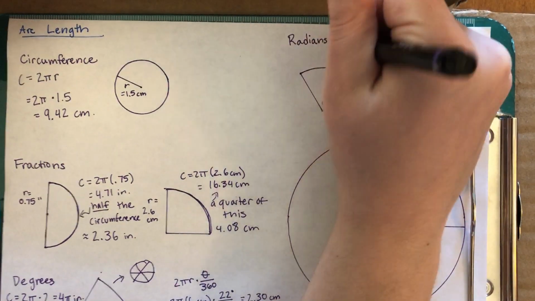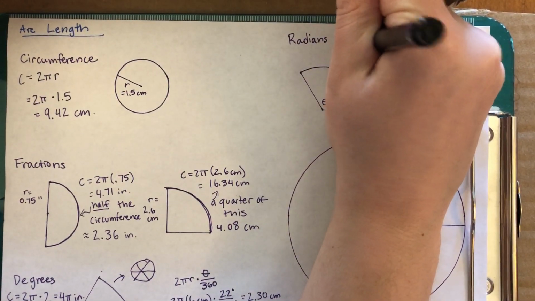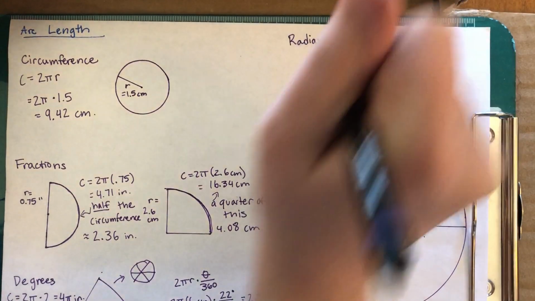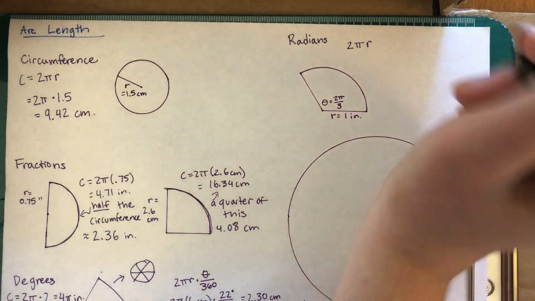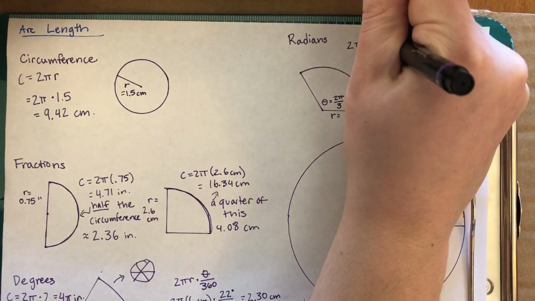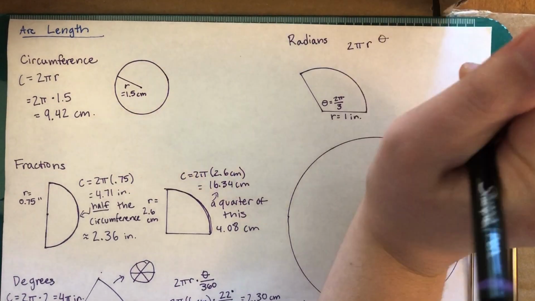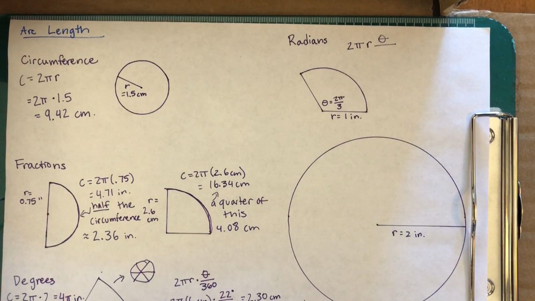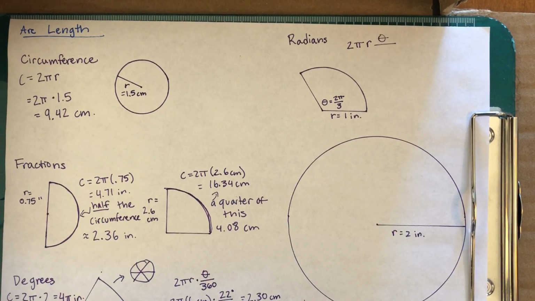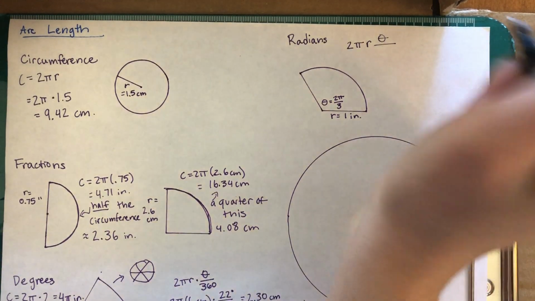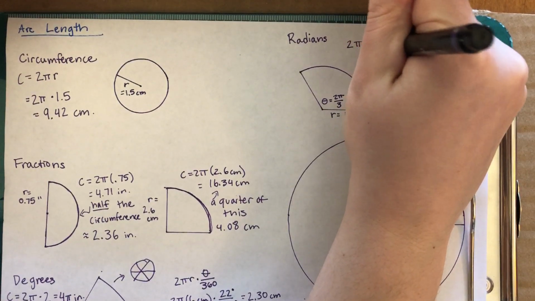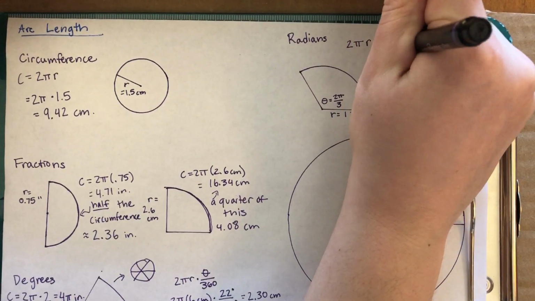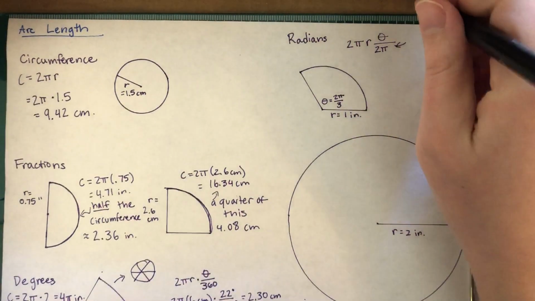So we have the circumference is 2 pi times the radius, and then we have the angle, but instead of putting it out of 360 degrees, an entire circle measured in radians is 2 pi radians. So why don't I put that instead of the 360?